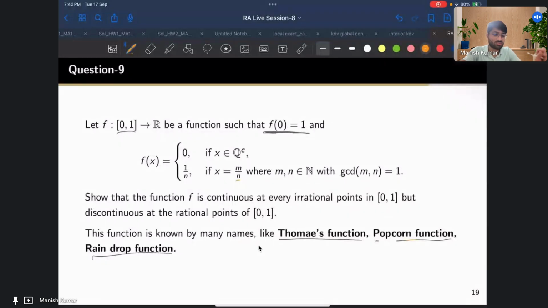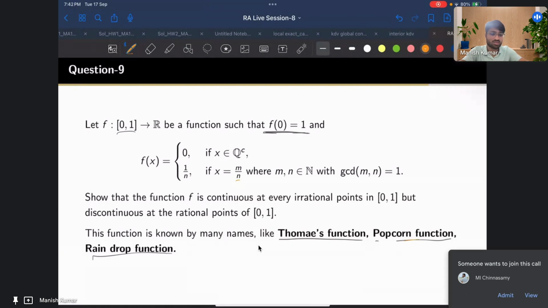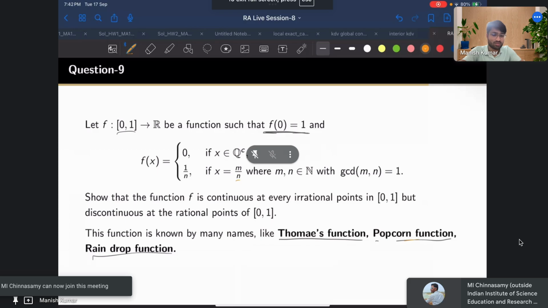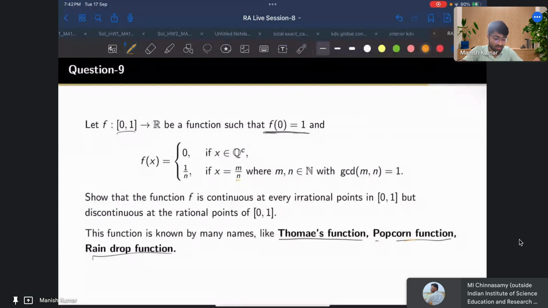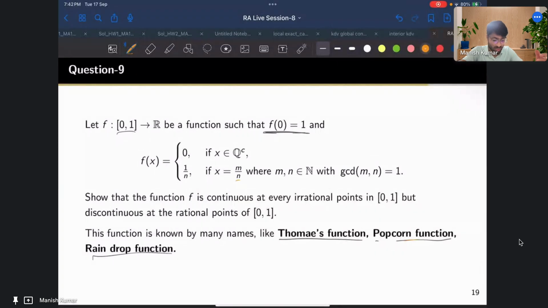It's not something which is scattered. You know that rationals and irrationals are dense in the real line, right? But at one portion of the dense points it is continuous and at the other it is discontinuous. So this is quite interesting and this is why this function is quite famous.